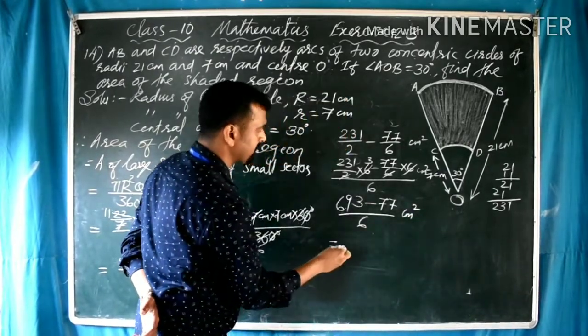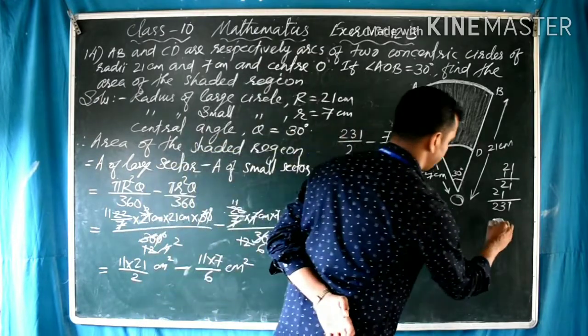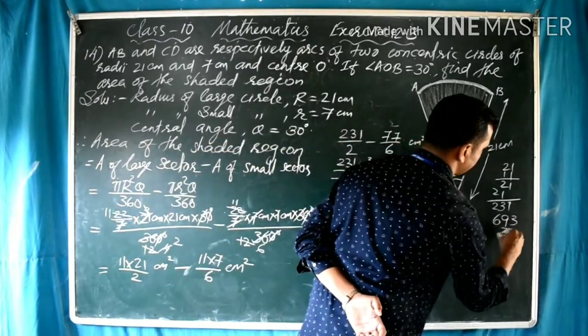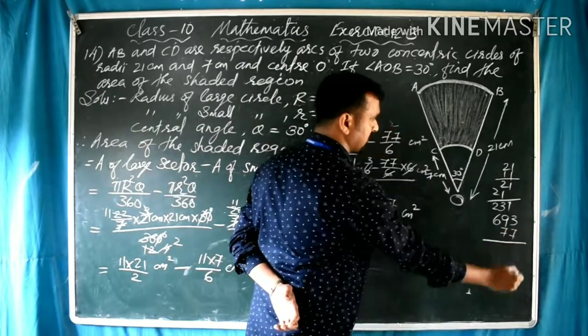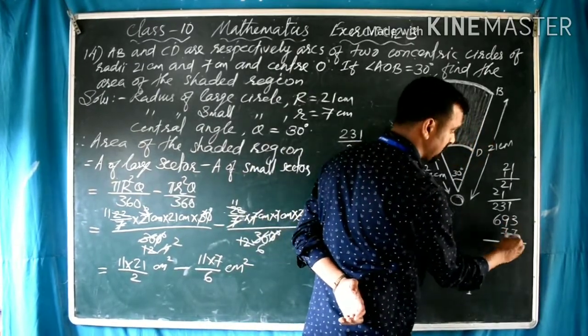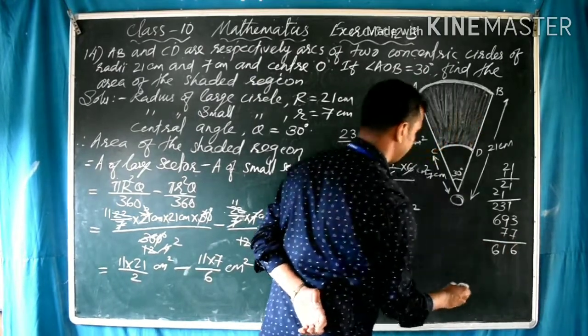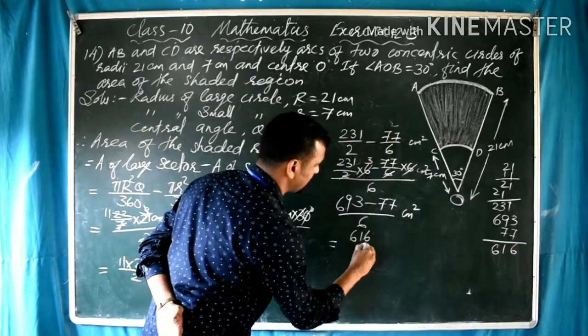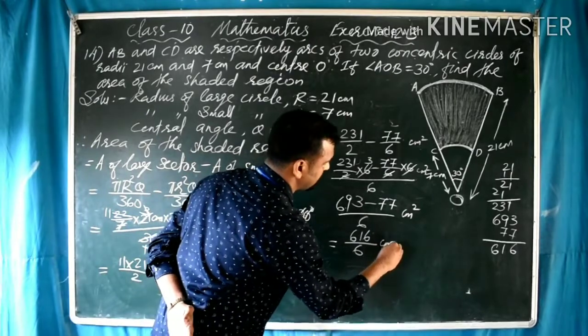Now subtract: 693 minus 77, that is 616 divided by 6 centimeter square.